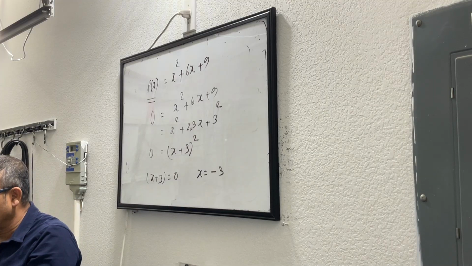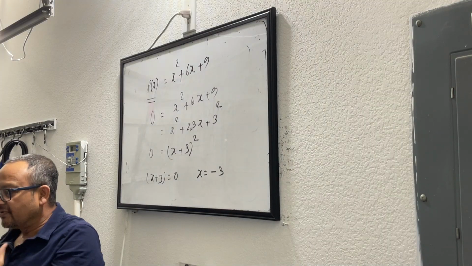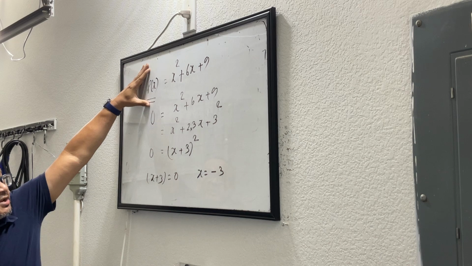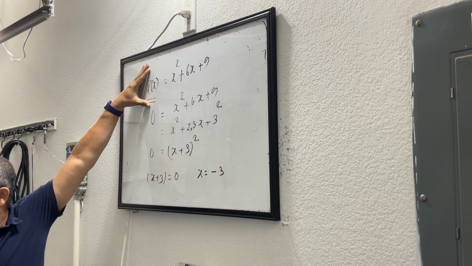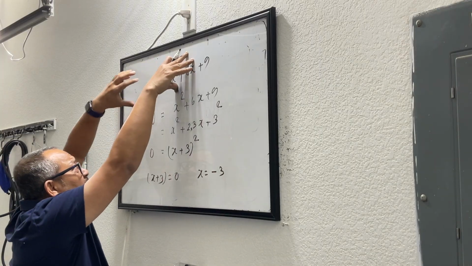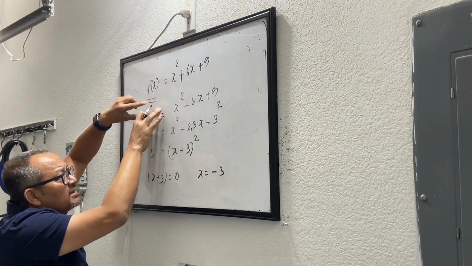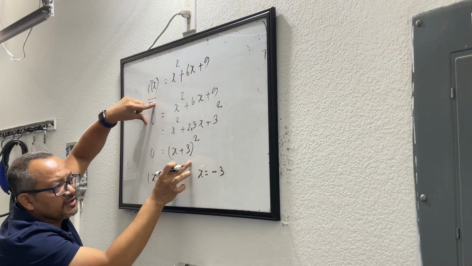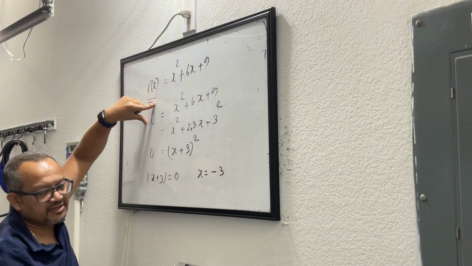Are you guys with me so far? We said this is a polynomial and we are saying what do we mean by zero of a polynomial? As simple as what is the value of x for which this polynomial will be equal to 0, and that's what we plugged in here and we solved for this and we got x equal to minus 3.